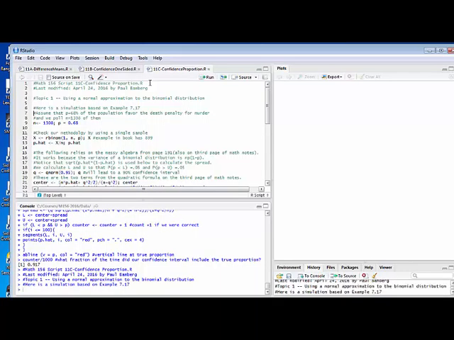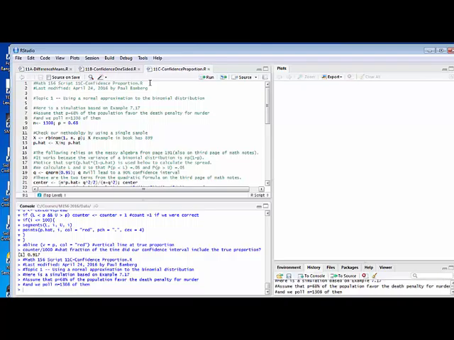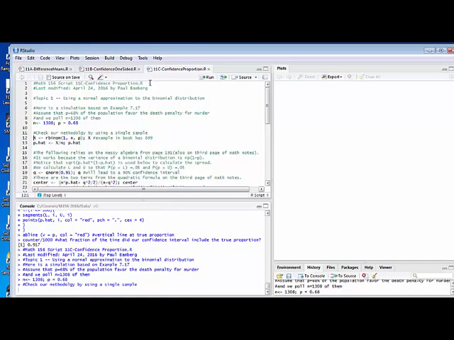So here's the scenario. Suppose that the true parameter of the percentage of the population that favor the death penalty for murder is 68%. We poll 1,308 people and ask them, and of course we get something which is drawn from a binomial distribution with 1,308 trials and a probability of success of 68%.